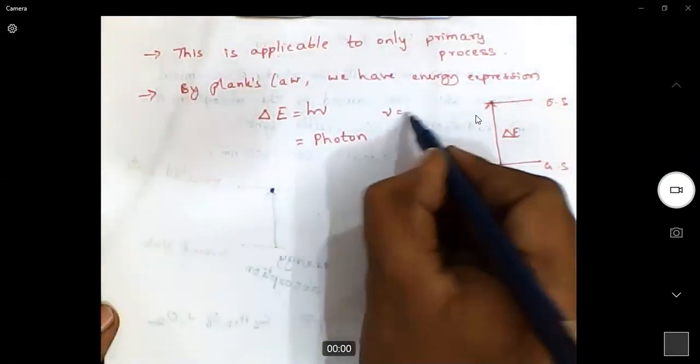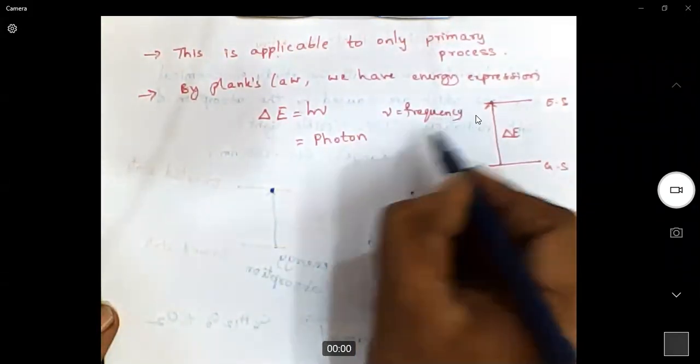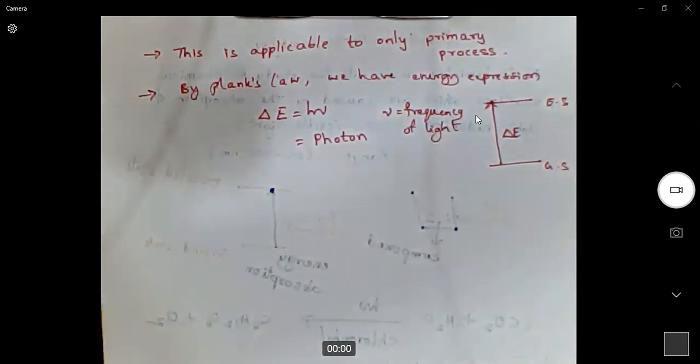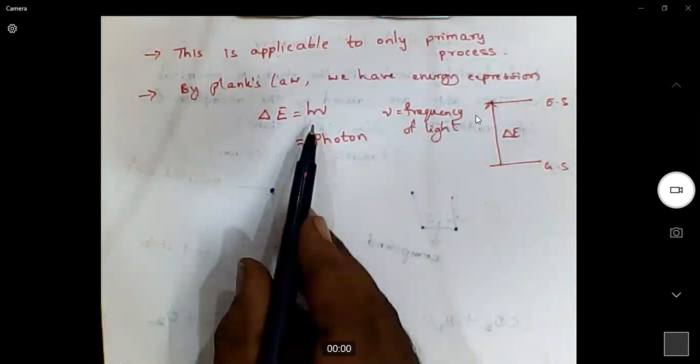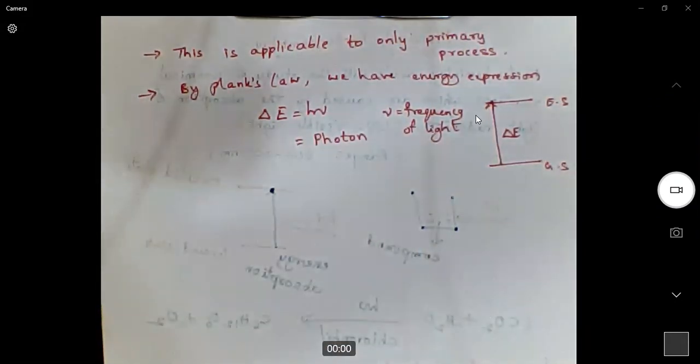Here nu is nothing but the frequency of light. So the energy possessed in one h nu is called a photon.